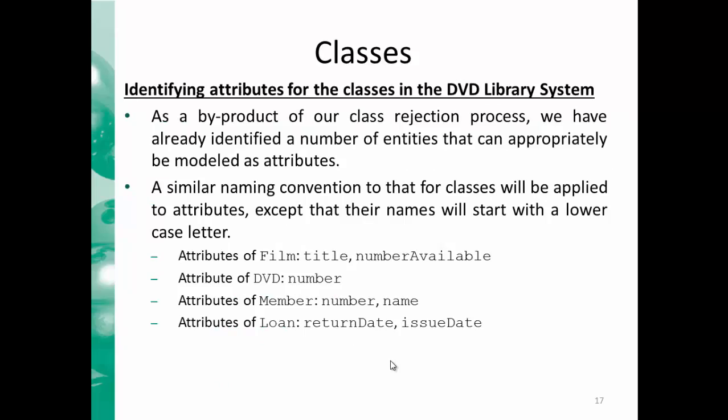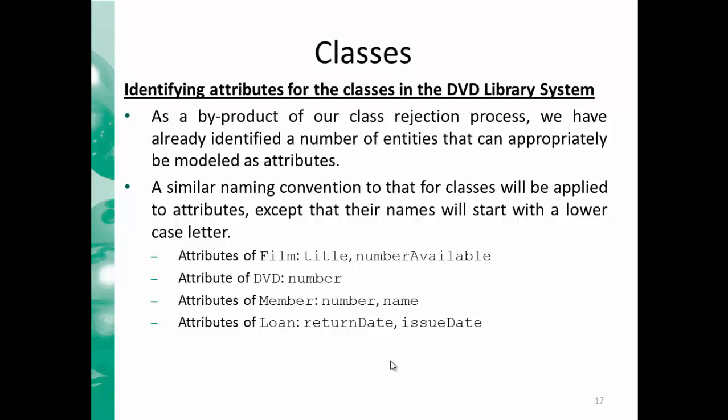Now we'll go back to the system domain of a DVD library to identify the attributes of these classes. We'll base on nouns and noun phrases to identify these attributes. And as you remember, we rejected some of these nouns and noun phrases because they are attributes of some of these classes.